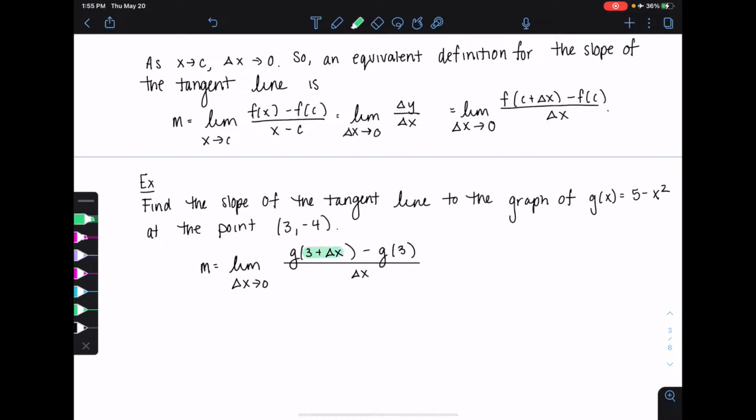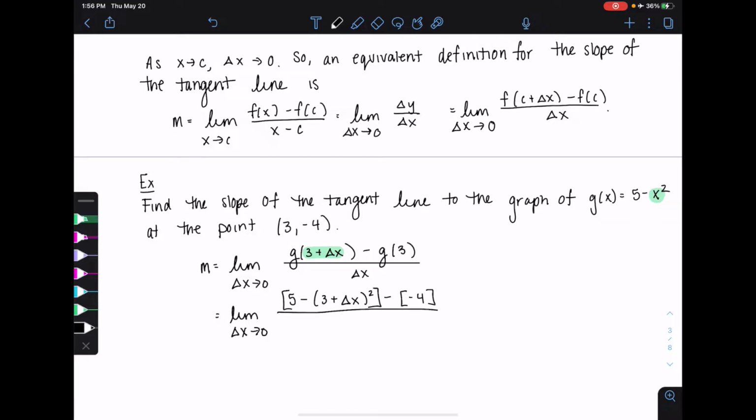So plugging this expression in for x gives us the limit as delta x approaches 0 of 5 minus 3 plus delta x squared. And then when you plug 3 into the function, you get -4 in return.